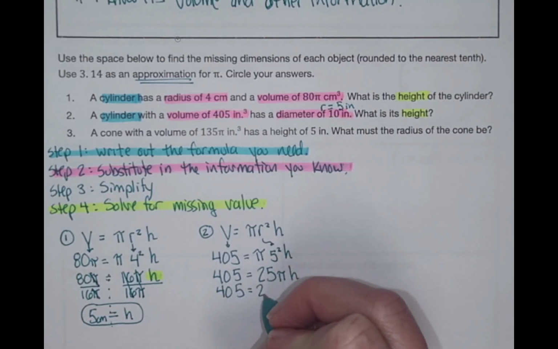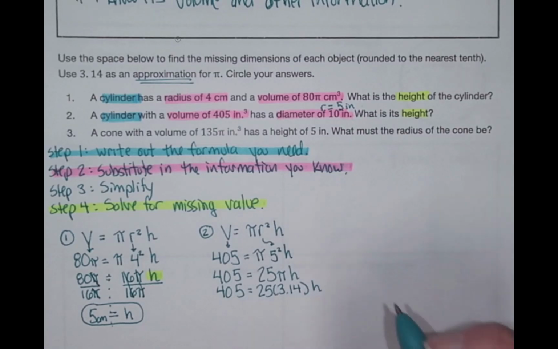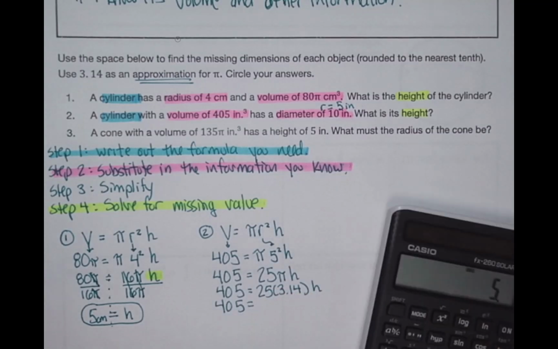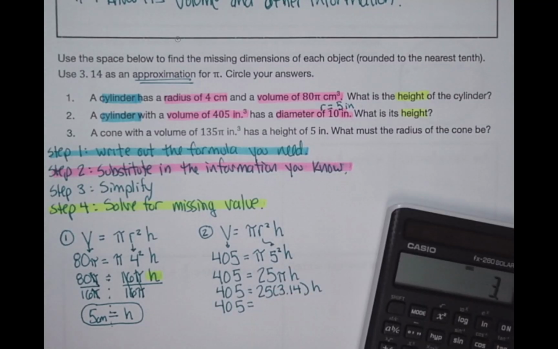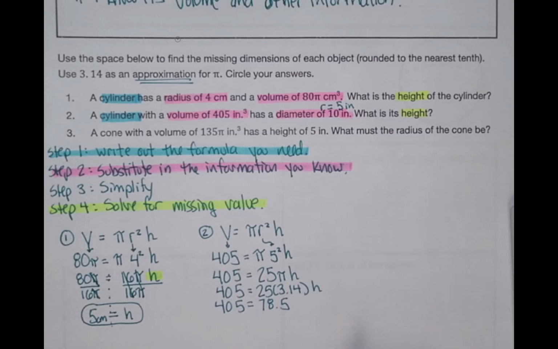So let's do 25 times 3.14 times the height. Simplify that up. So we have 78.5 that we were asked to round to the nearest tenth.